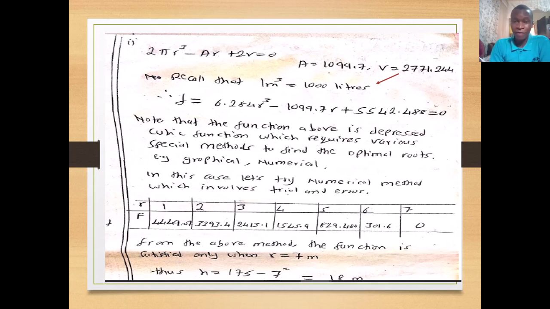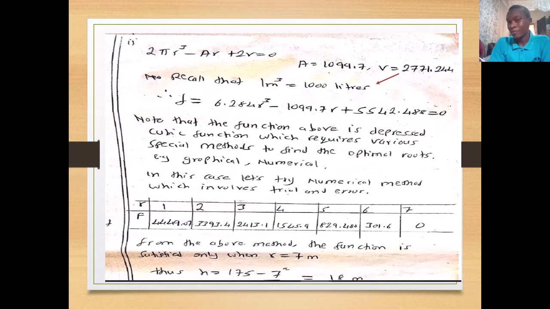So we convert it first into cubic meters. A is 1099.7 as given, and V, the volume, is 2771.244 meters cubed. Substituting them into the model 2 pi r cubed minus a r plus 2v equals 0, we have that F equals 6.284 r cubed minus 1099.7 r plus 2v, which is 5542.488, equals 0.